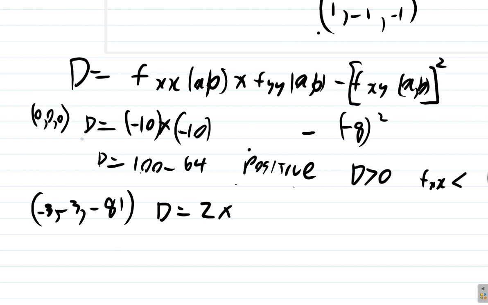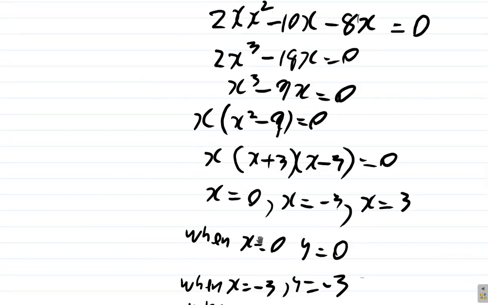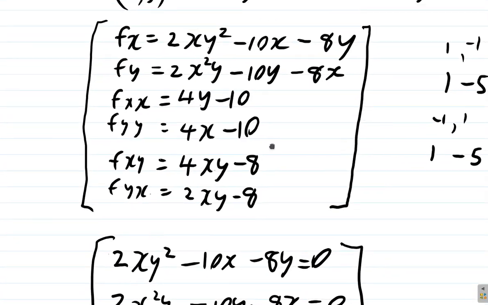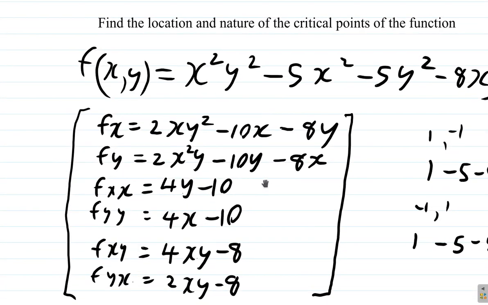So, when x is negative 3 and y is negative 3, fxx is 4 by, hold on, 4 by what?